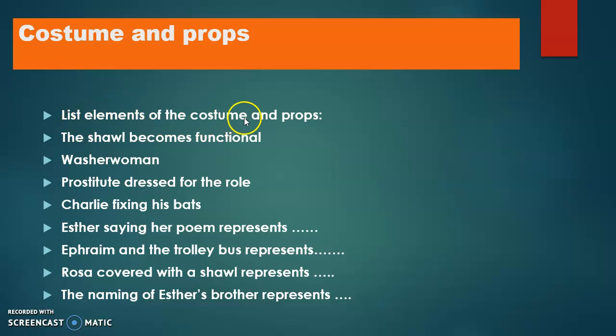Maybe we're looking at costume and props, and when you do that, look at the shawl as something functional. What do we use shawls for? If you're going to stage the play, somebody would be a washerwoman, and that person will have to come with all the props, all the things. Prostitute should be dressed for her role, I think.